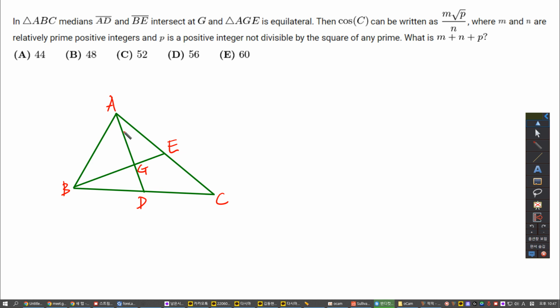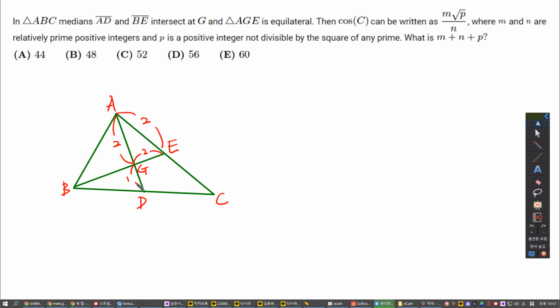So let's say these lengths are all 1, for example, because they are equilateral. Let's say it's 2 instead of 1. It can make things easier. And because G is a centroid, that means G divides the median with a ratio of 2 to 1.